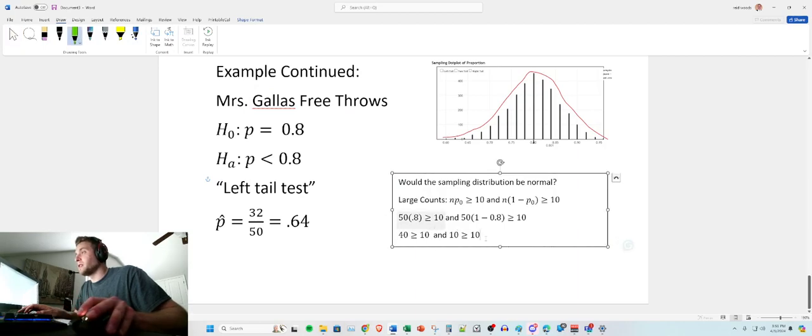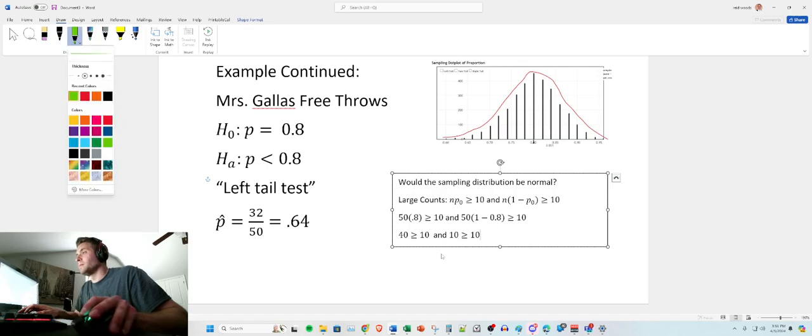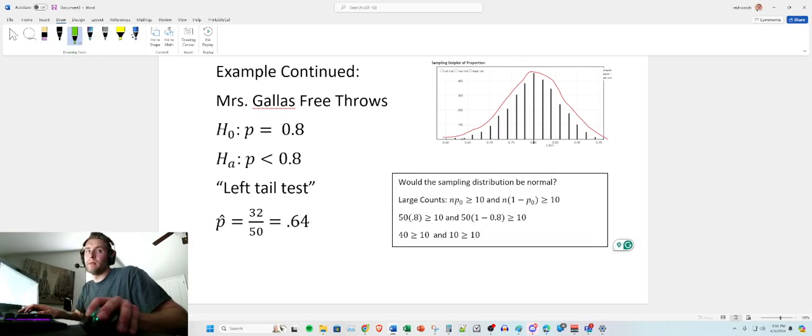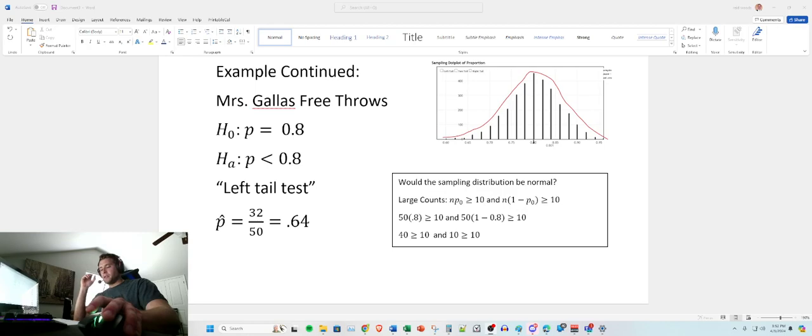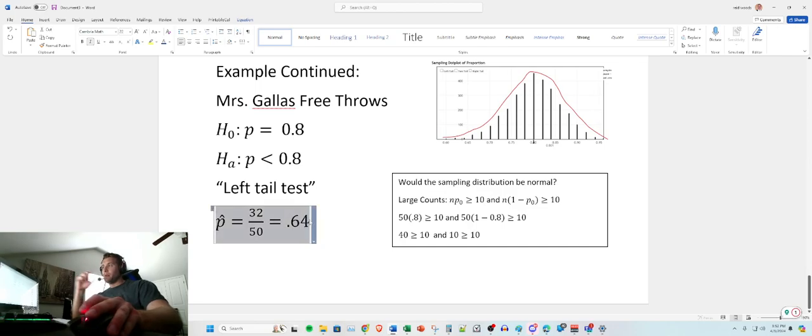So these are true. Okay, so we know that this is a normal distribution centered around 0.8. And so what we're looking at is what's the likelihood that we would get this.